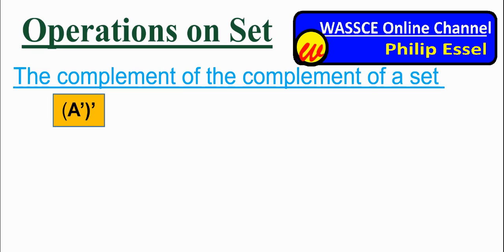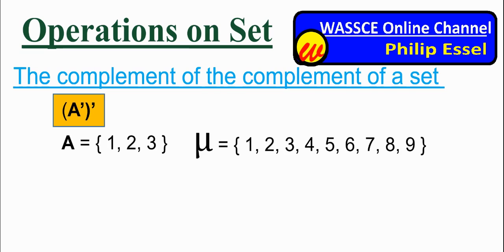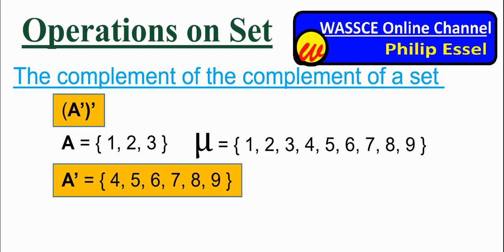So let's use the following example to do this. Okay, so we have the set A and its universal set as shown on the screen. So first, this is our A complement. How did we do this? We just cancelled out the members of A from the universal set.